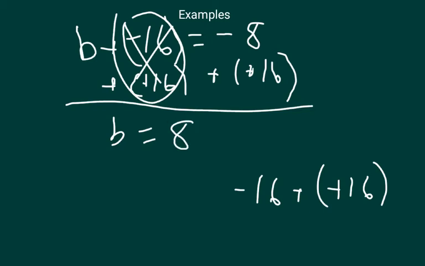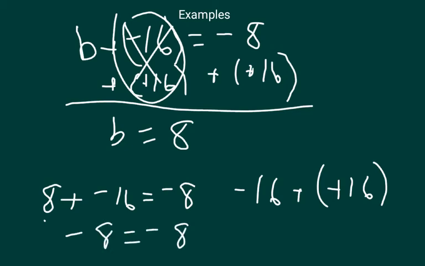To make sure that we have this correct, we go back to the original, which was b plus -16 equals -8. For b, we put in 8 plus -16, and we make sure this is a true statement, which it would be, because 8 plus -16 is -8, and indeed, -8 equals -8, so that's all good.